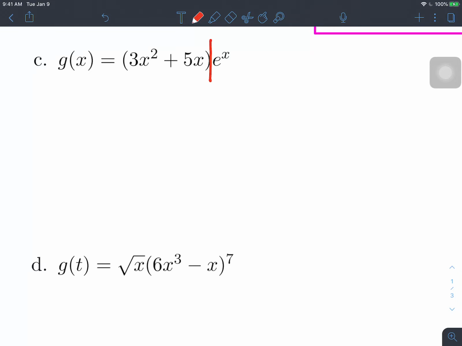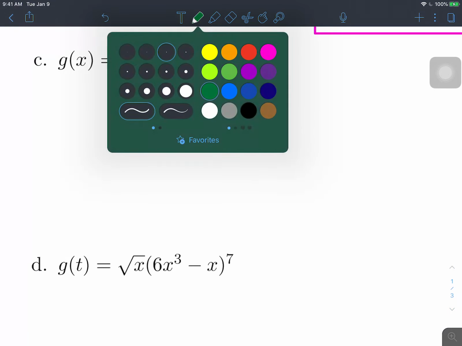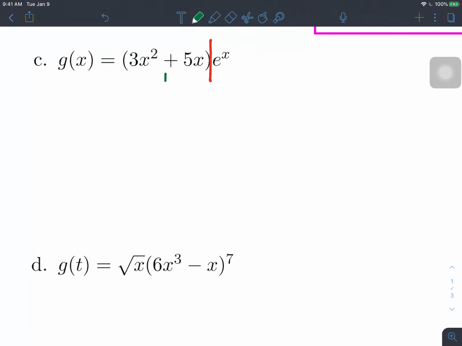Great. So if I want to do the derivative, what I should do is call this thing f, call this thing g. Well, then f prime is going to be equal to 6x plus 5. And g prime will be equal to just e to the x, right?